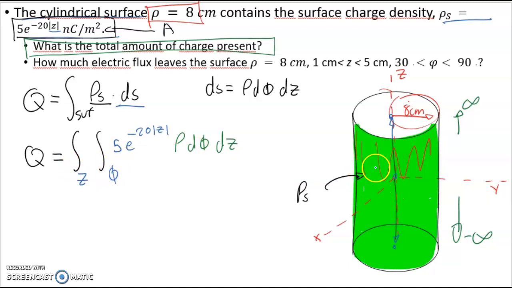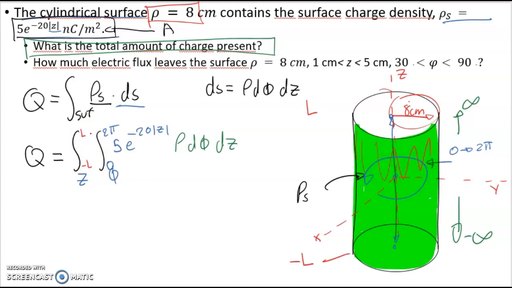Phi is the angle describing the turn, which means it goes all the way around, so phi will be from 0 to 2 pi. And z is going to go from minus L to L.